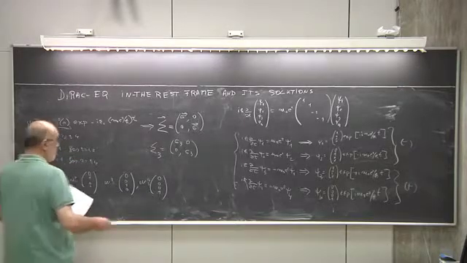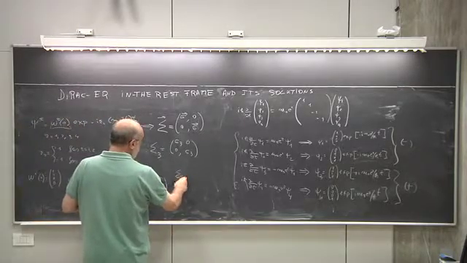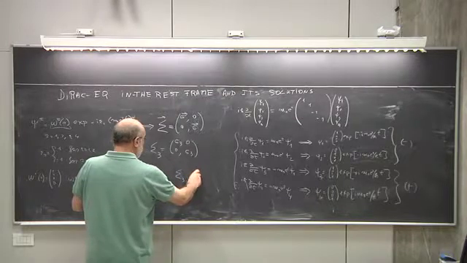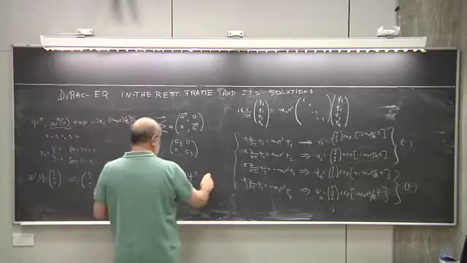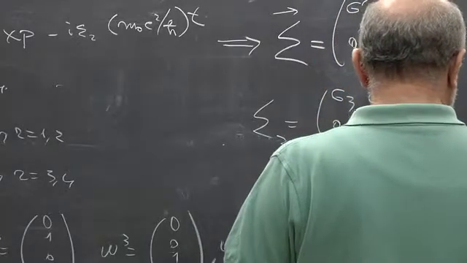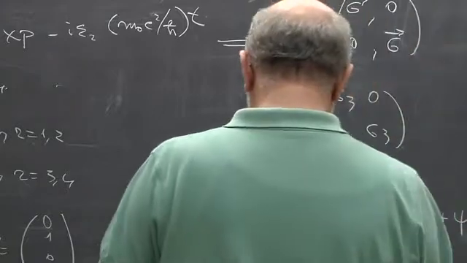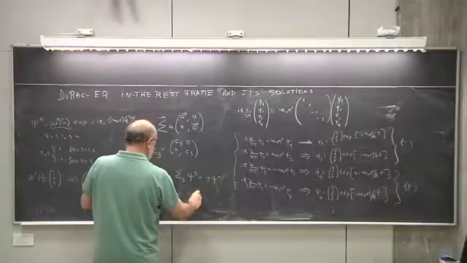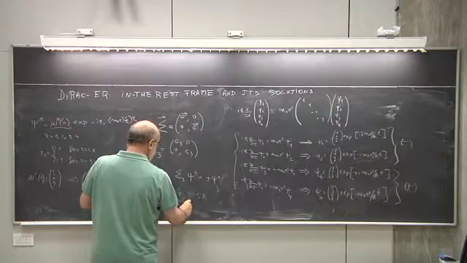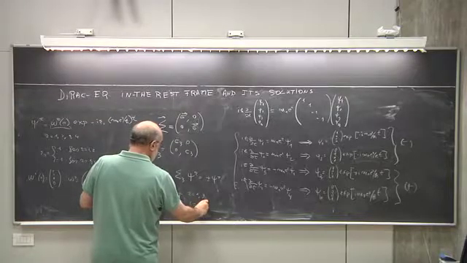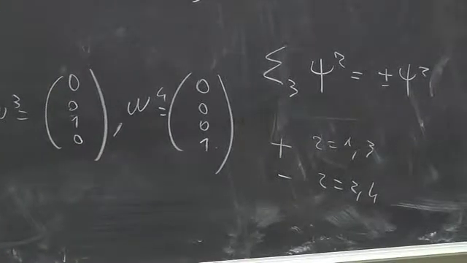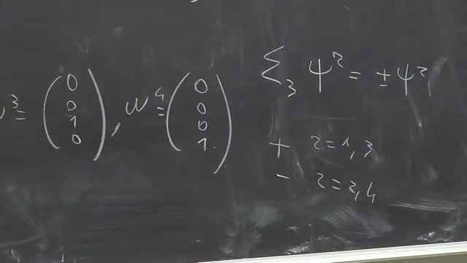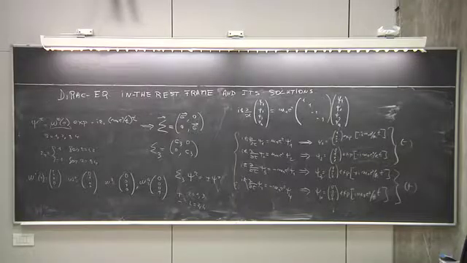In particular, it's easy to prove that if you take sigma 3 psi r, where psi r is this solution, you get plus or minus psi r, with plus for r equal 1, 3, and minus for r equal 2, 4. Okay? So it's always interesting to find out of which observable they are eigenstates.